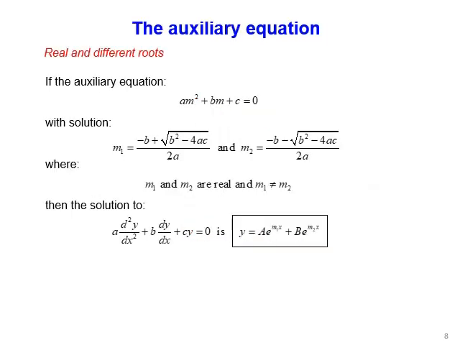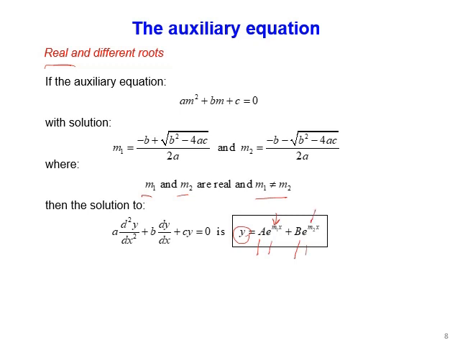Now let's go for m. The roots may come as real but different. For example, I have m1 and m2, but they are not equal. Then we directly write the solution: y equals a constant times exponential of the first m times x, plus a constant times exponential of the second m times x.